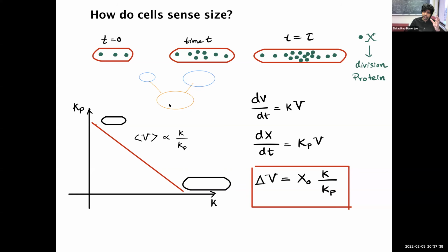All the proteins in the cell, which are these blue circles, and there could be different types of them, are made by ribosomes. That's the one piece of biology I'll throw in. The ribosomes are limited in the cell, so you have to allocate resources between different tasks. If you allocate more resources to growth, the cells will grow and become bigger, and less to division. That was the argument I made.